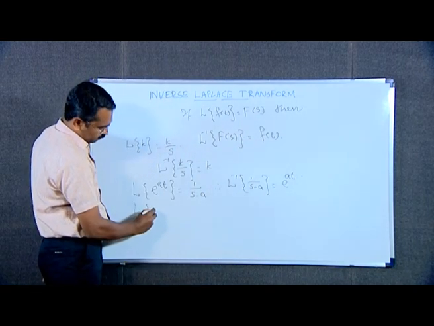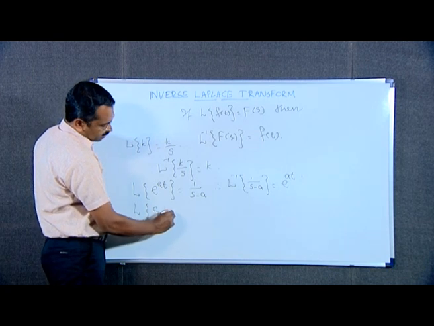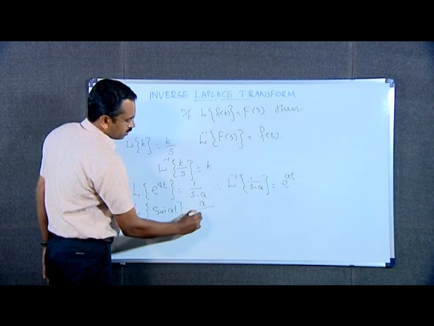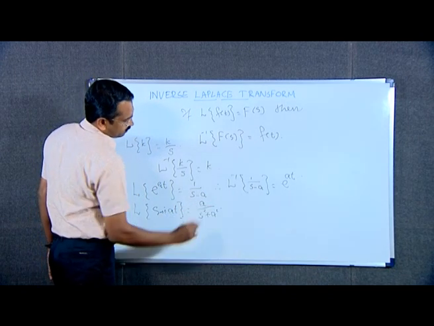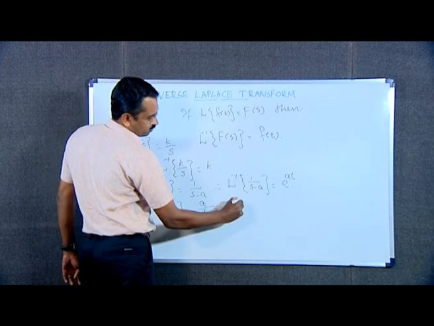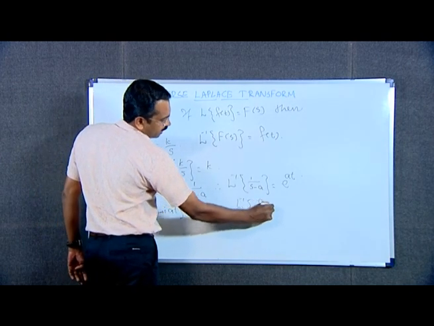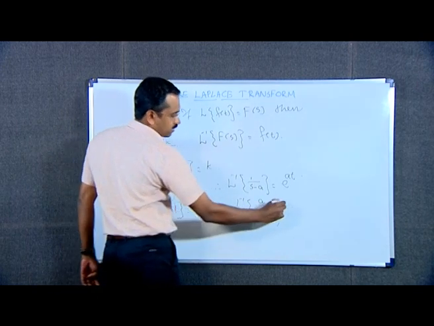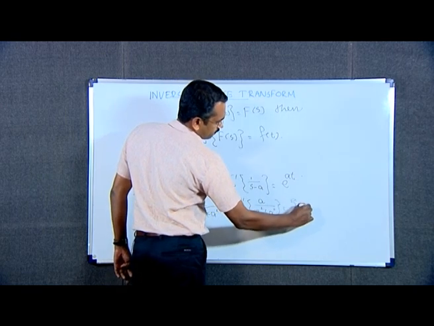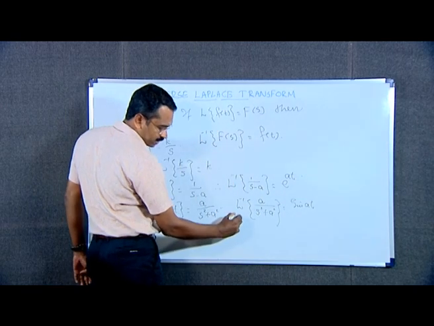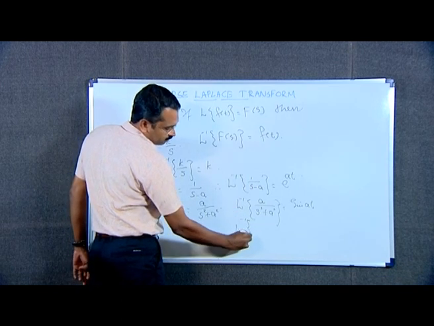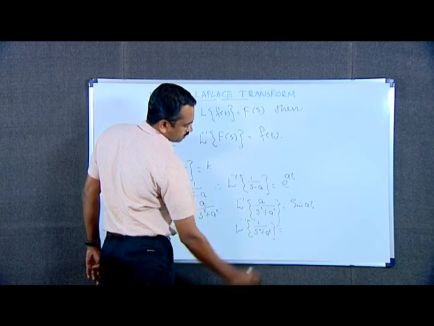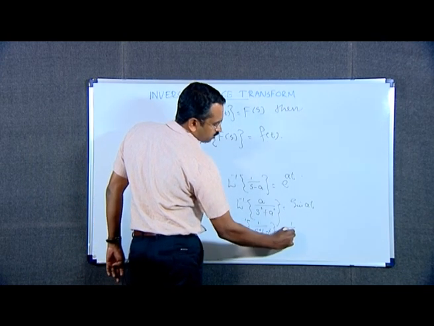Laplace transform of the trigonometric function sin at is a divided by s square plus a square. Therefore, L inverse of a divided by s square plus a square is sin at. Or we can write this as L inverse of 1 by s square plus a square as 1 by a into sin at.